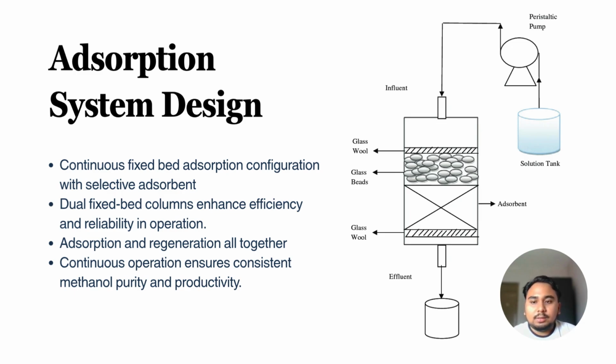So for example, when the first column is doing the adsorption and all the adsorbents have already reached their maximum saturation point, maximum capacity, the second column will perform regeneration, and for the regeneration we use the temperature swing method, which heats the adsorbent to remove the already captured impurities and recover the ability to adsorb again.